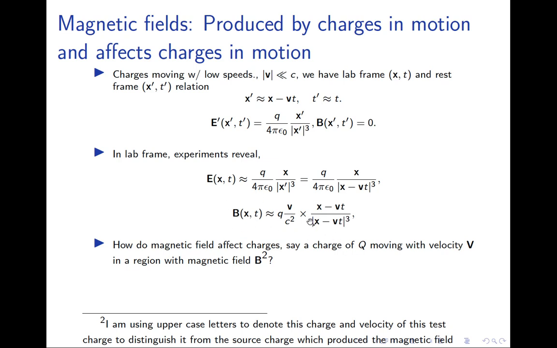The first charge is moving and producing the magnetic field B. The other is experiencing some force moving through the field produced by the little v and little q. So big Q and big V are the test charge, and little q and little v are the charge and velocity of the source which is creating this magnetic field.